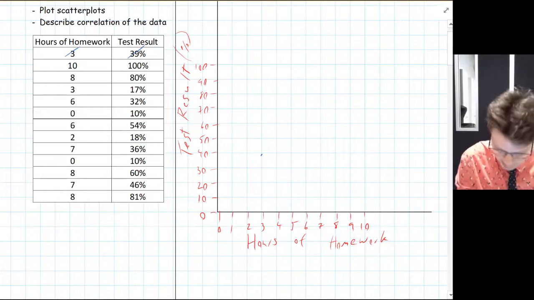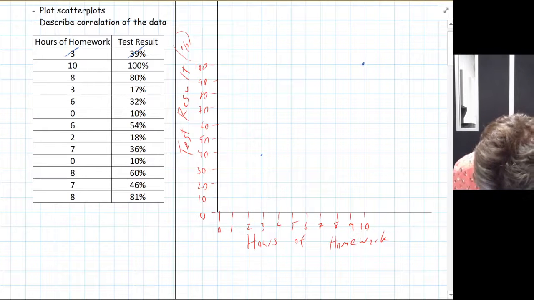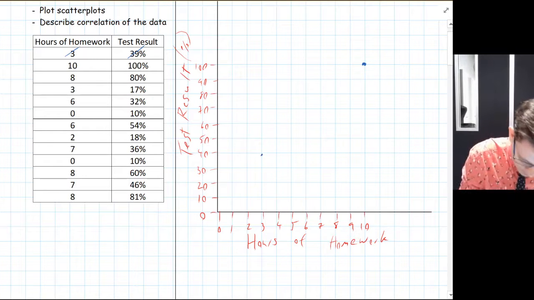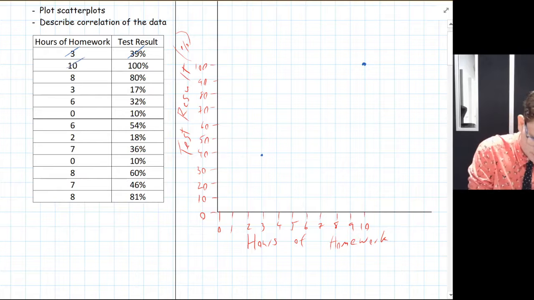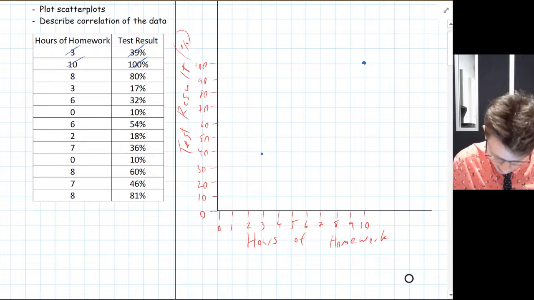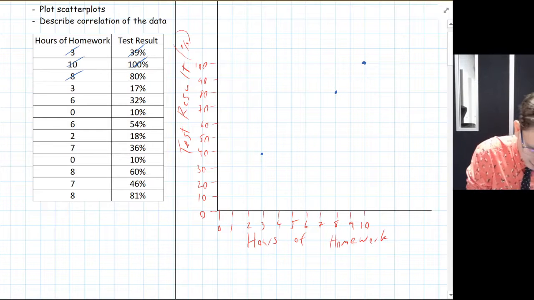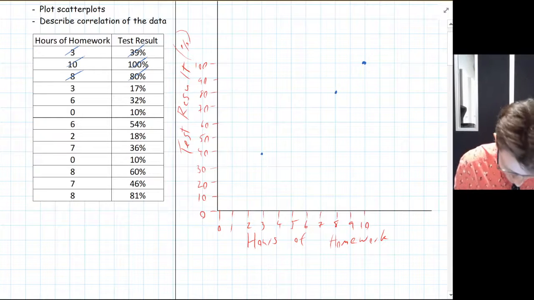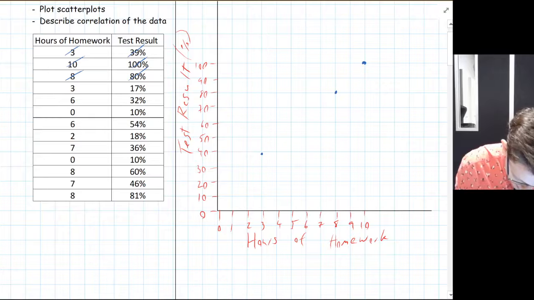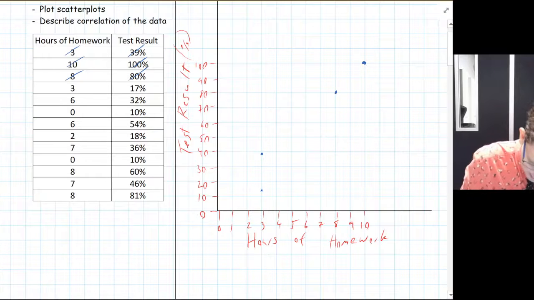Next one is 10 is at 100%. 8 is at 80%. 3 is at 17%. Well, a bit higher than that.